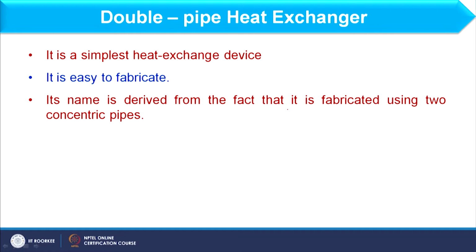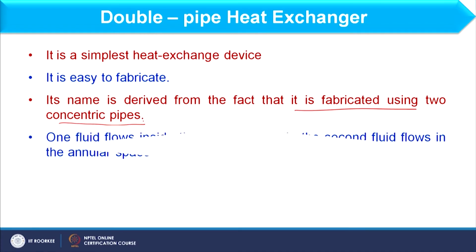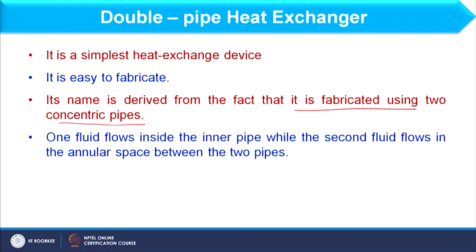So as the name says, it is fabricated using two concentric pipes. Therefore it is called a double pipe heat exchanger. One fluid flows inside the inner pipe, while the second fluid flows in the annular space between the two pipes.